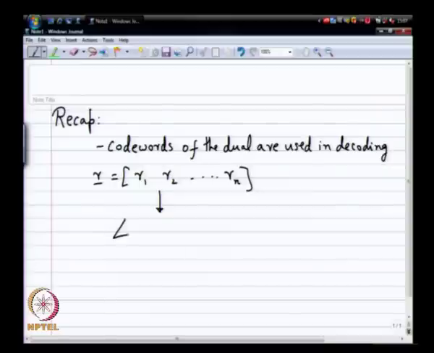So you are interested in terms like capital L1. This is basically the a posteriori LLR, not just probability, for the first bit of the code word.